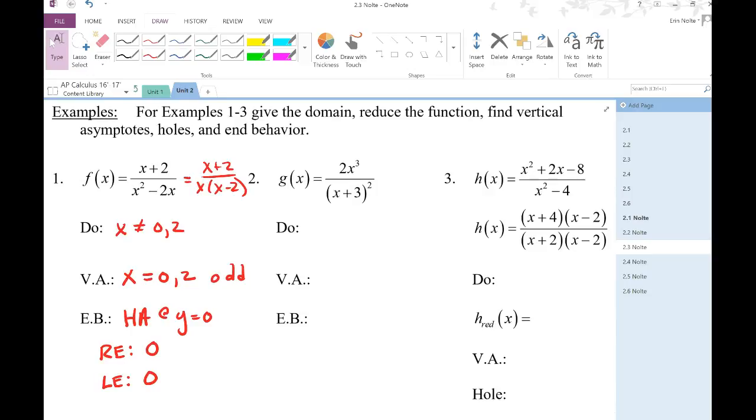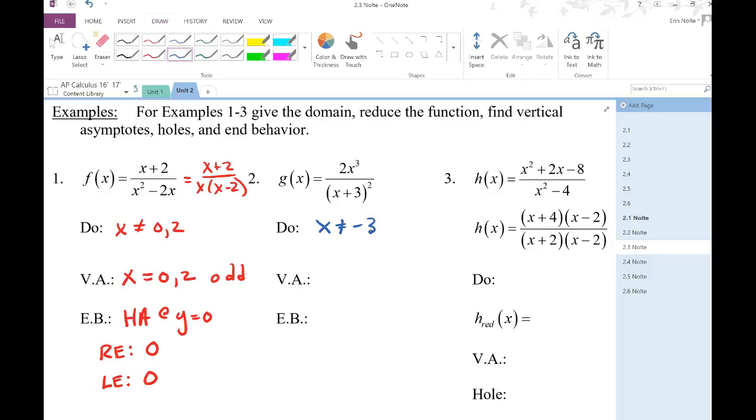Okay, number 2. What's the domain of number 2? What's the value that x cannot be? Cannot be, right. So if you just wrote -3, that would mean only -3 exists on the function, which would be a single point. There's only one value that makes the denominator 0, right?